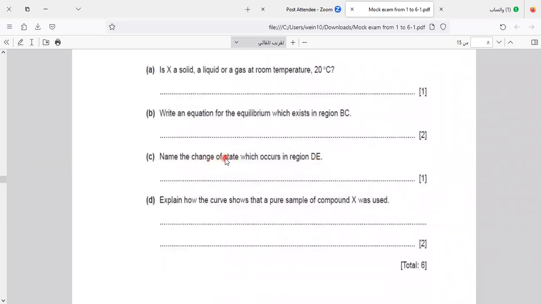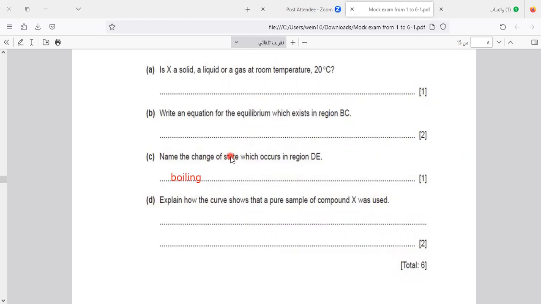We need a change of state. Yes, I agree with you. From liquid to gas, what is the name? This is evaporation. You can write boiling as well. So don't write here from liquid to gas. I don't need a description from you. I need the name of the change of state. It means, is it boiling? Is it condensation? Is it evaporation?